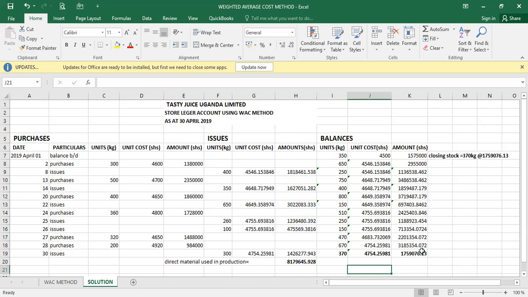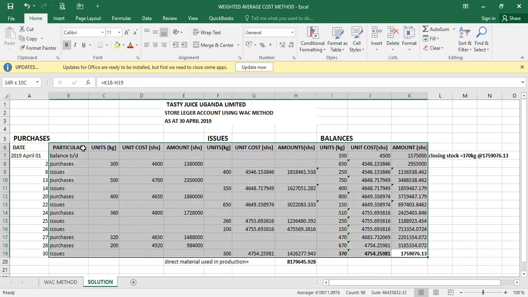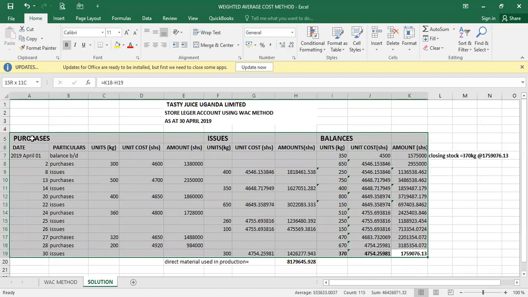Everything is done now. We can try to put some borders and see how we can generate something.